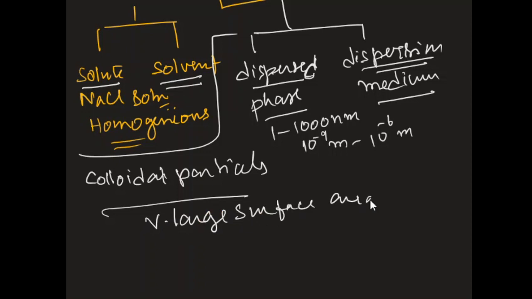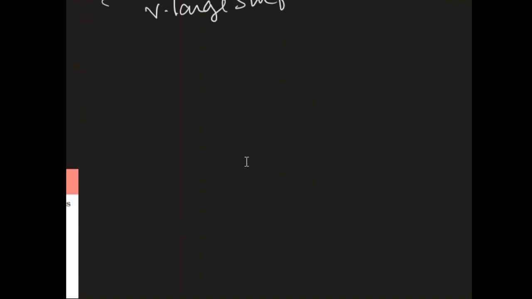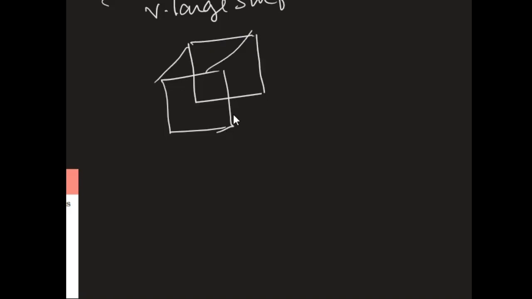Let me explain about this. See, let us have a square or a cube. Let us draw a cube, and this cube has the total surface area 6a squared. Let me say the side is 2 centimeter, that is a is 2 centimeter.